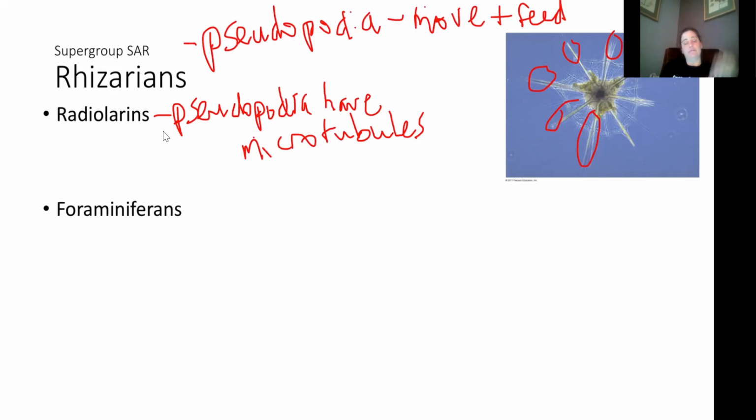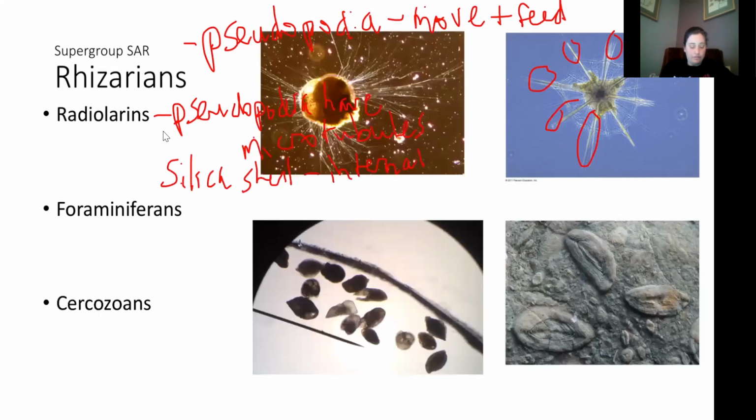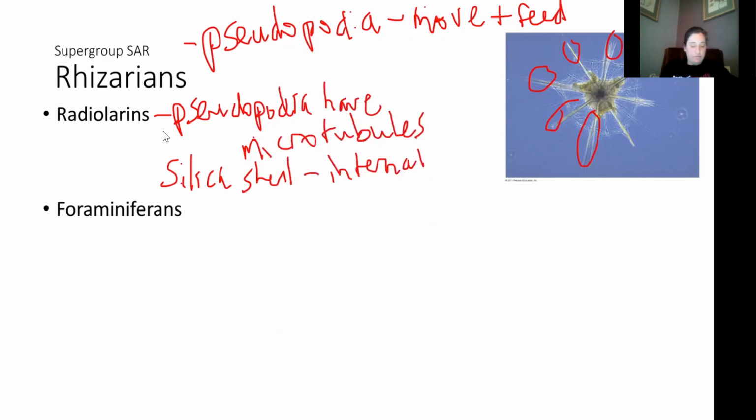But these guys have microtubules in them, so it makes them stronger. They also have a silica shell, like an internal skeleton. And they're kind of pretty, and I think I have another picture of one. Yes, but it's hard to see. So I'm going to take the pictures away again, and then we'll clear it at the end.